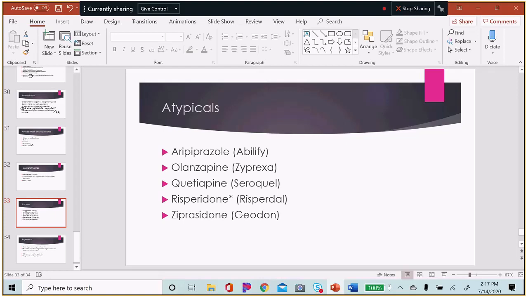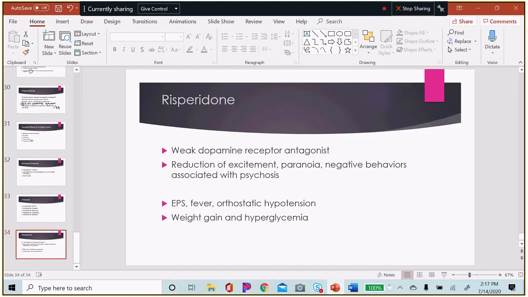The one that we'll talk about, which I've also seen prescribed in the hospital for psychosis, but can be used for other conditions that lead to psychosis, is Risperidone.